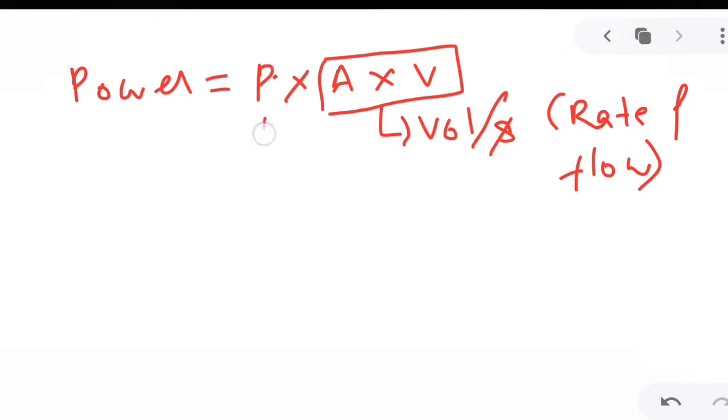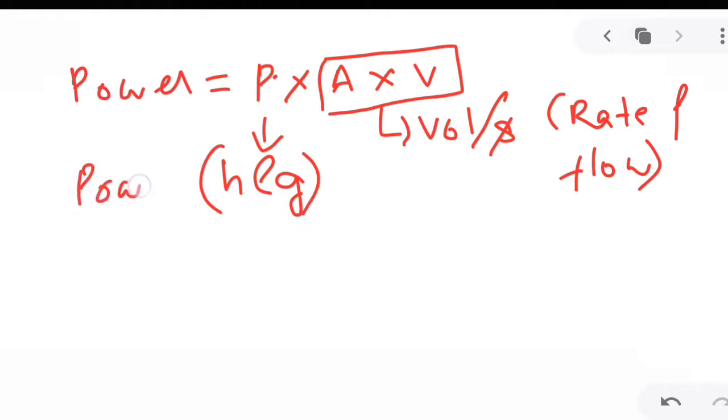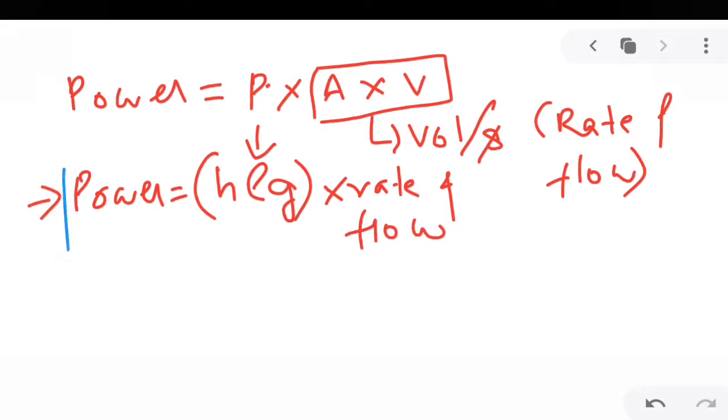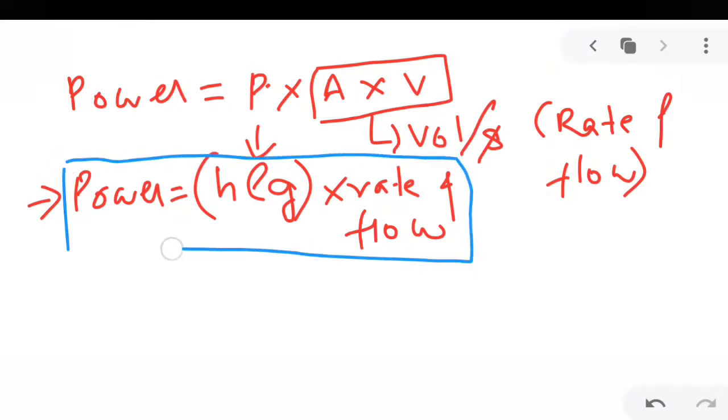And pressure in terms of height, it is H rho G. So power is equal to H rho G into rate of flow. Now this is the power output of the water which is coming out and hitting the turbine.